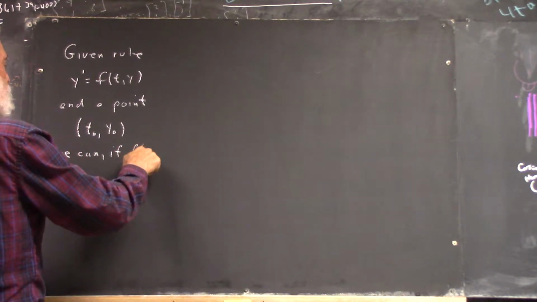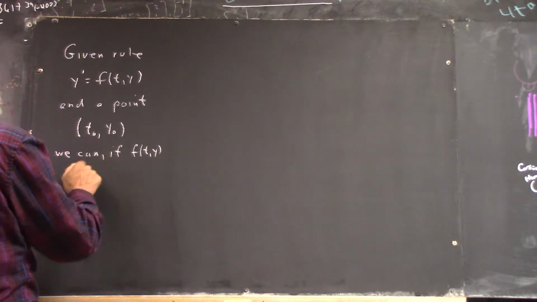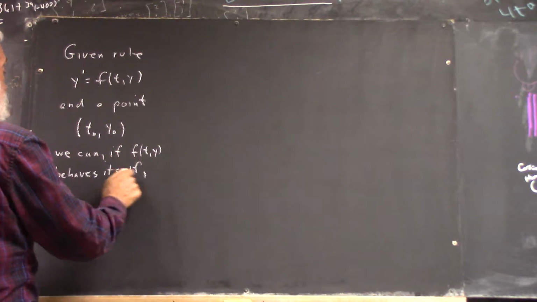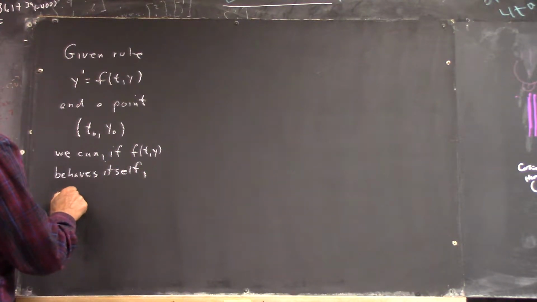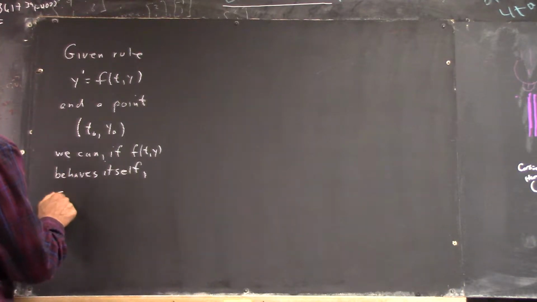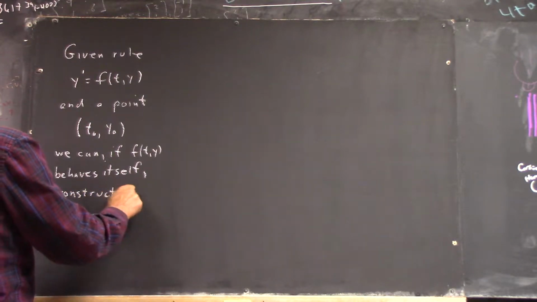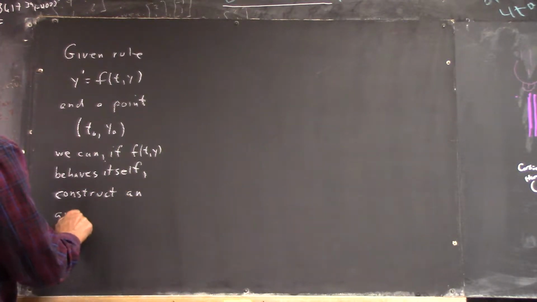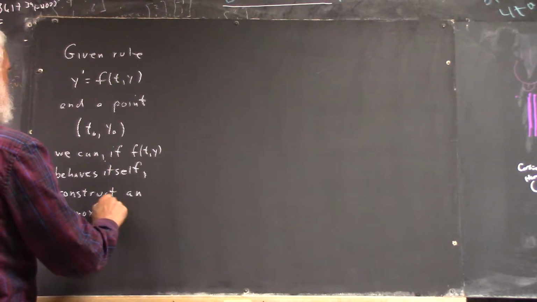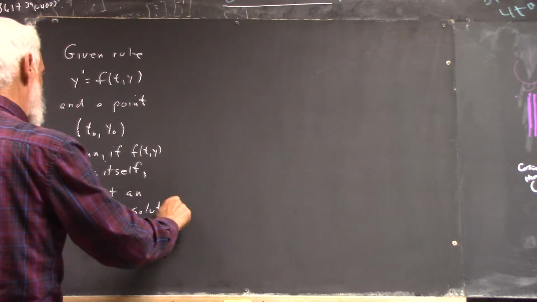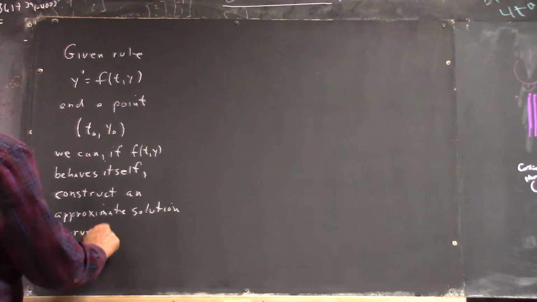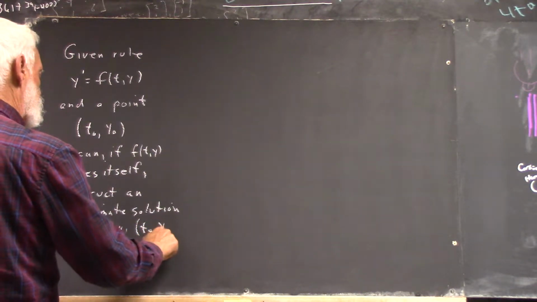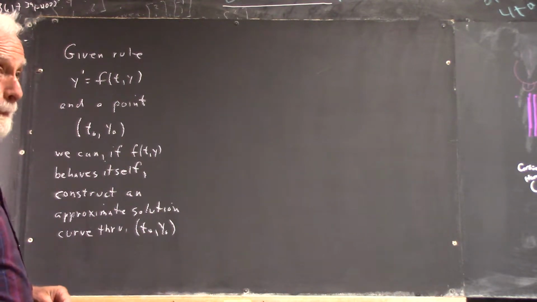We can, if f of t, y behaves itself, construct an approximate solution curve through the points t0, y0. Right? Okay?